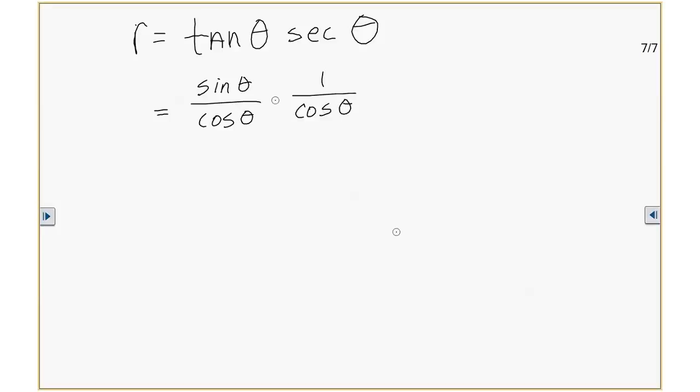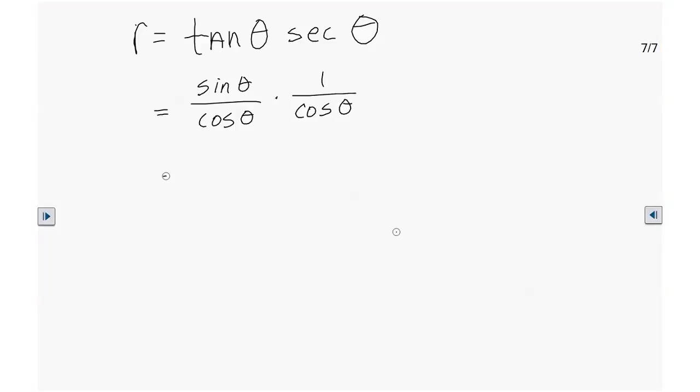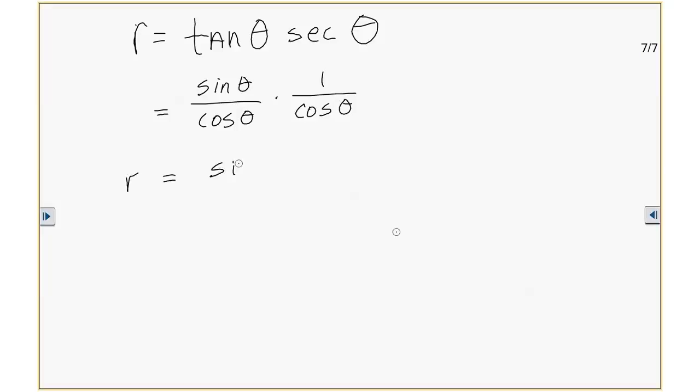What's the rule about writing identities as other things? Always go to the what? Sine and cosine. Always try to go to sine and cosine. And that gives us sine over cosine squared theta. And now I've got a fraction, so I'm going to multiply by cosine squared.